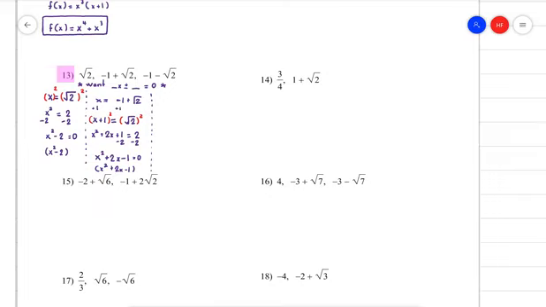And on the next one, we have the same thing, but with a minus. So x equals negative 1 minus square root of 2. First thing I'm going to do is add 1 to both sides. Get x plus 1. Getting ahead of myself. And that equals negative square root of 2.